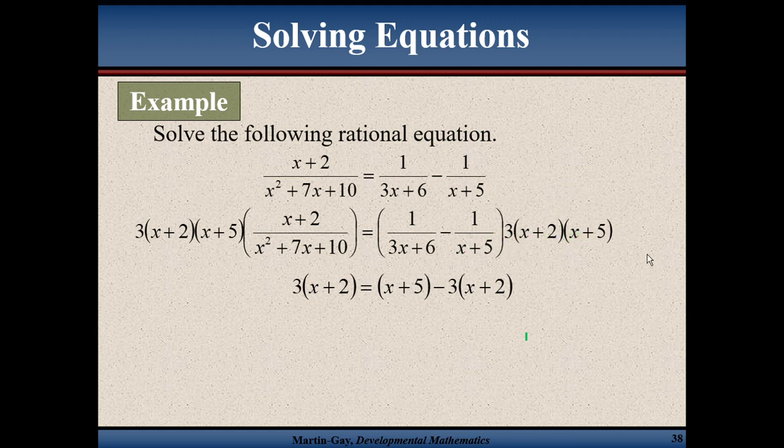Okay. So, here, iayos na natin. 3x times x plus 5 minus 3x minus 6. Makikita mo na kaagad ang mawawala.